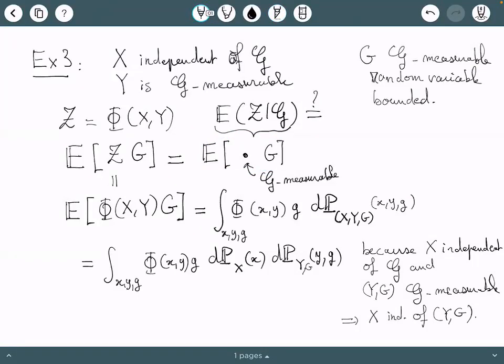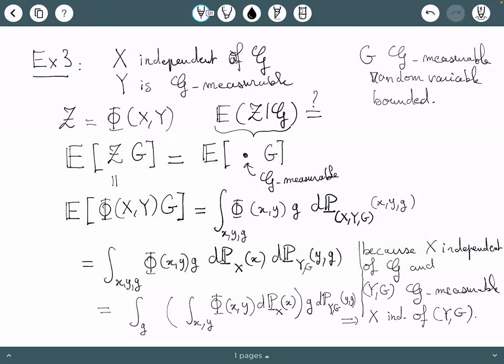I can write it as the integral over g of the integral over x and y of phi x, y, g dPx(x) dP(Y,G)(y, g). Okay, just by Fubini's theorem.